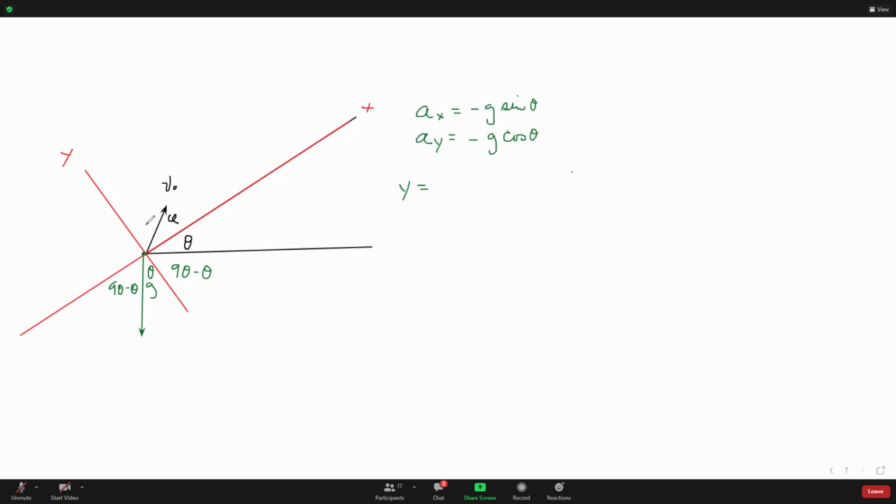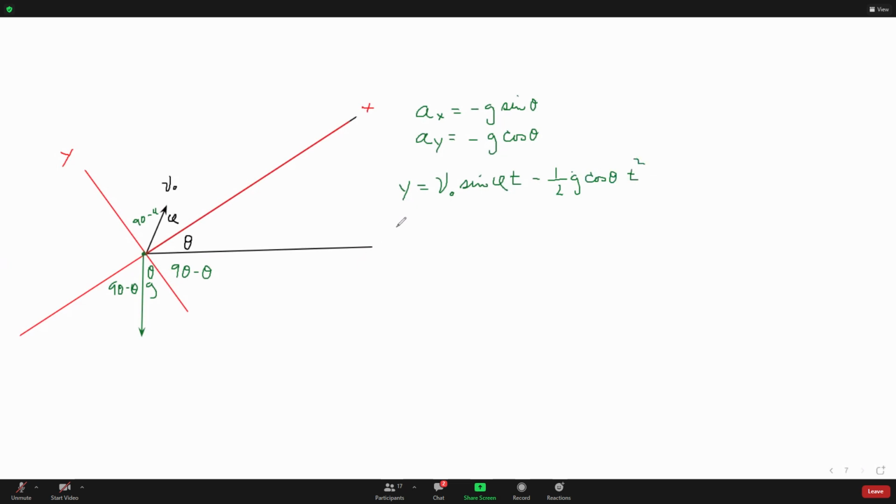So that would be v0 times the sine of phi, right? Because this angle is phi, this angle is 90 minus phi. Okay, minus, oh, that's times time, sorry, times the time, minus 1/2 g cosine theta t squared.